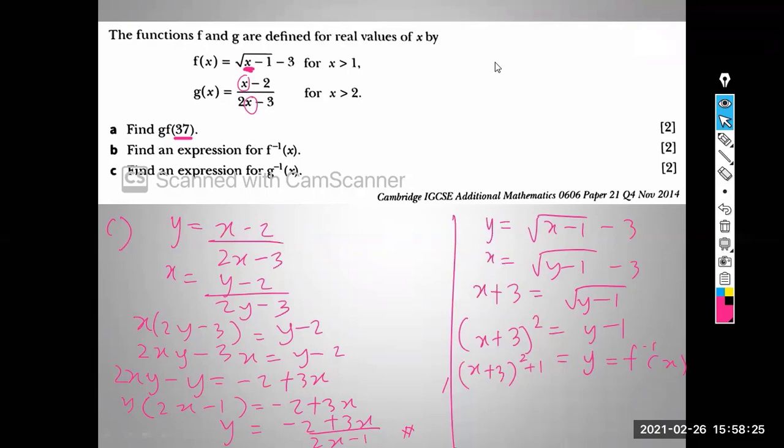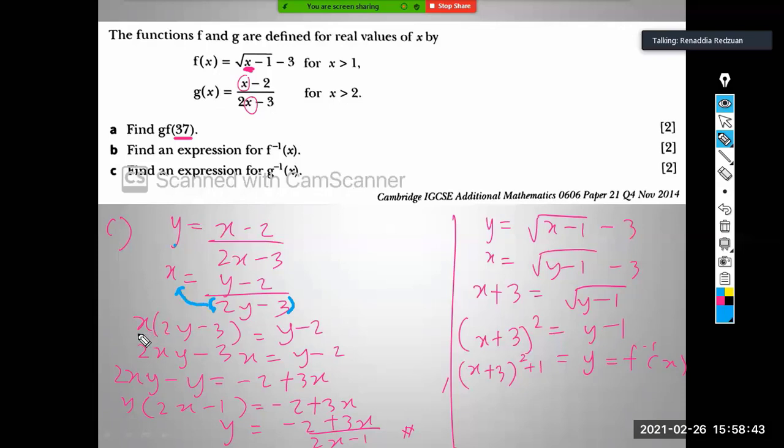Teacher, I got Y equals negative 2x plus something. Okay, this one, I change y and x. So y becomes x, x becomes y. Then I move this thing to the left, I multiply. Then I expand, you get this. Then this one we have y, this one we have y. So I move the y to the same side.